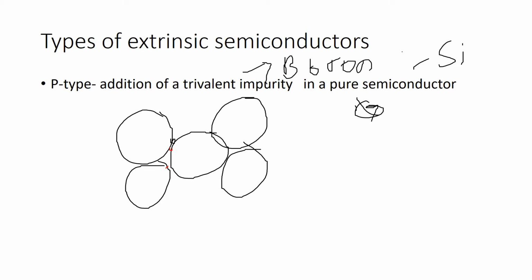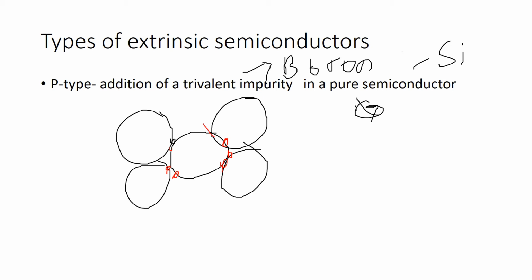Same case here, boron 1, this one 1, 1. In this case, this silicon element will give 1, but then boron will not be able to give 1 because it does not have an extra electron to give out. So what is formed is a hole.